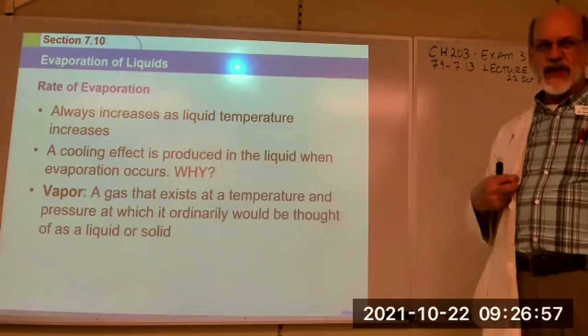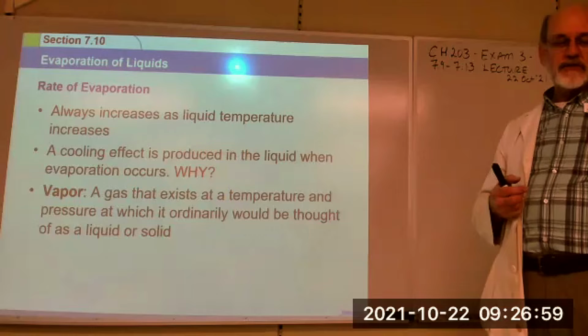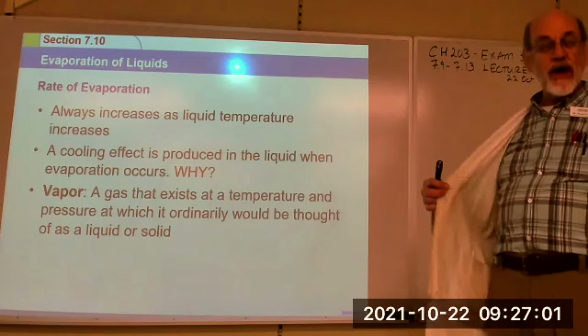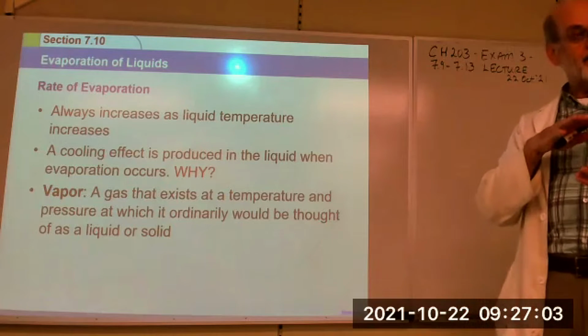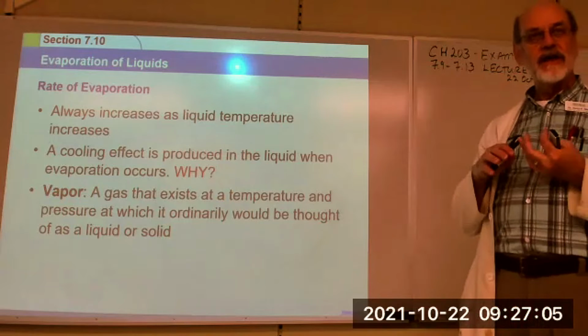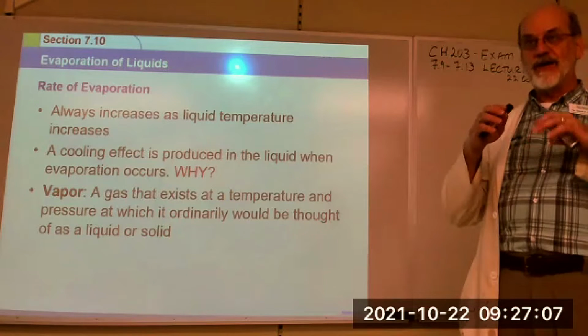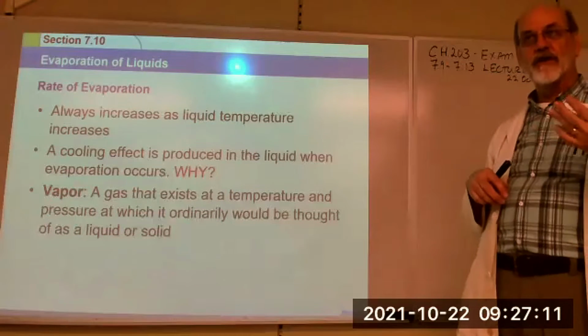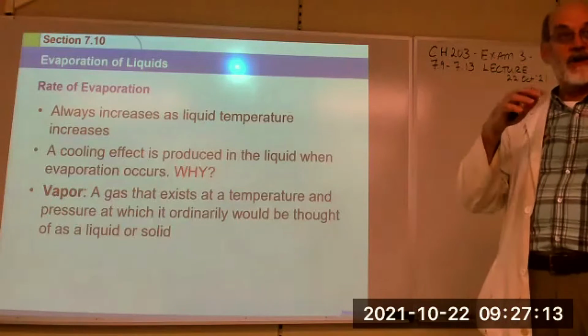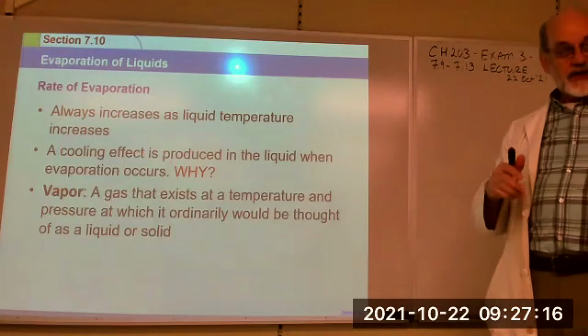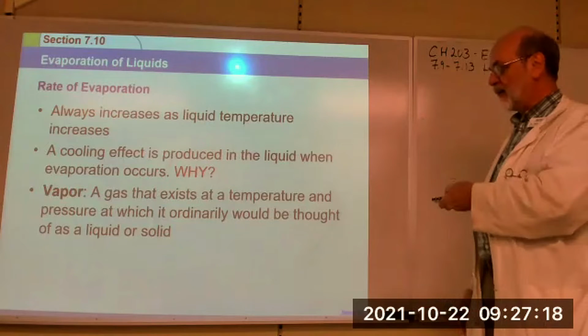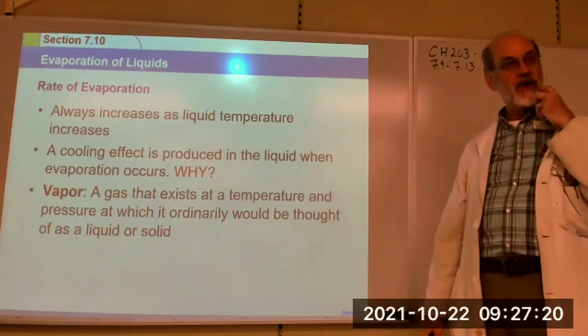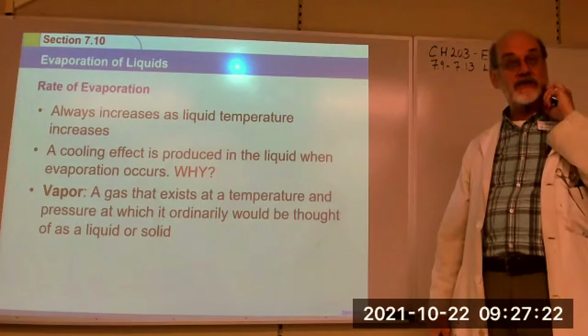You actually don't see the gas. The carbon dioxide that comes off of that dry ice is so cold, it condenses the moisture in the air and makes a fog. So you're actually seeing the fog of water vapor that's condensing into a cloud, but it's caused by this vapor coming off of your solid carbon dioxide, your dry ice.